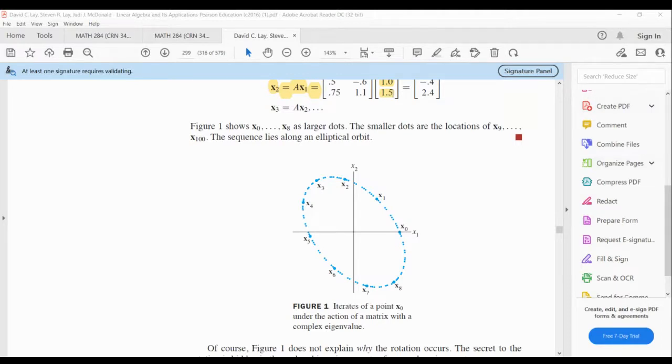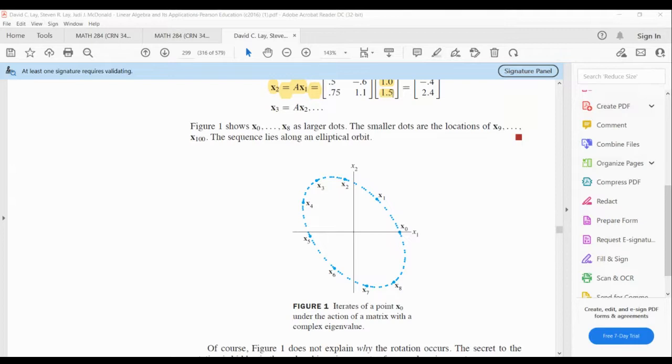But that's fine, we'll just stay with what they're saying. The point is, what's the matrix doing? It's causing a rotation. It's taking points and rotating them counterclockwise according to that pattern there. And there is a reason for that.